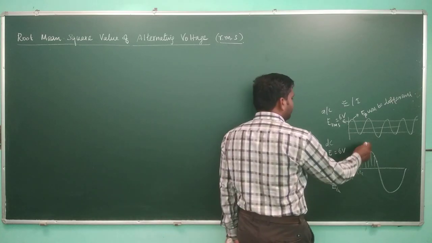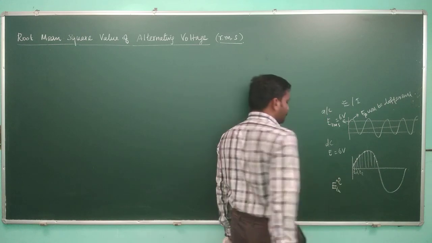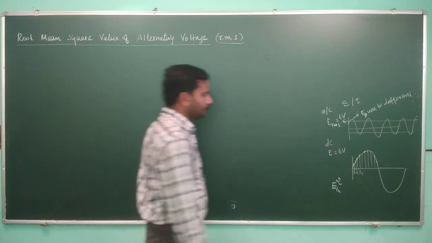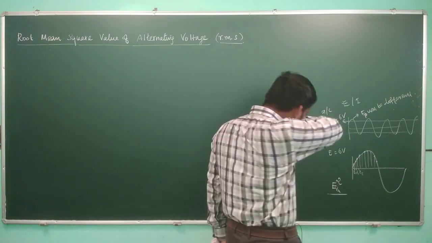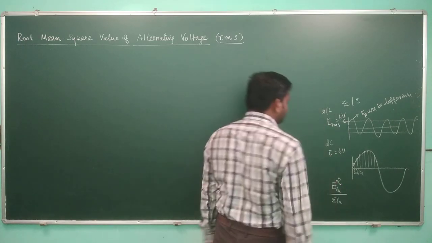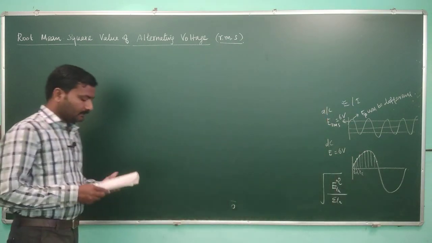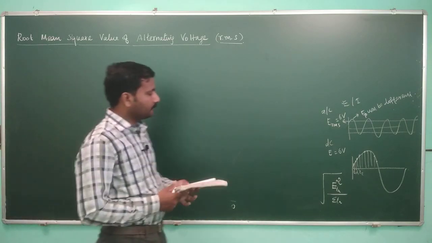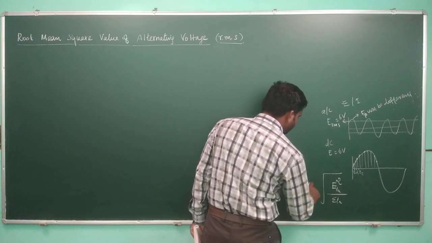Then divide it by the sum of the number of points, right? Then take a square root. So this is the RMS value.